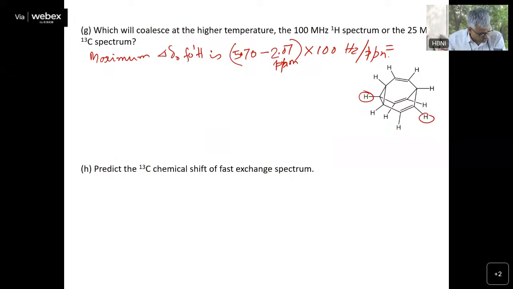If you do the calculation, you will get 363 hertz. There may be a fraction, a decimal point, that you can put. Now you see for carbon-13.